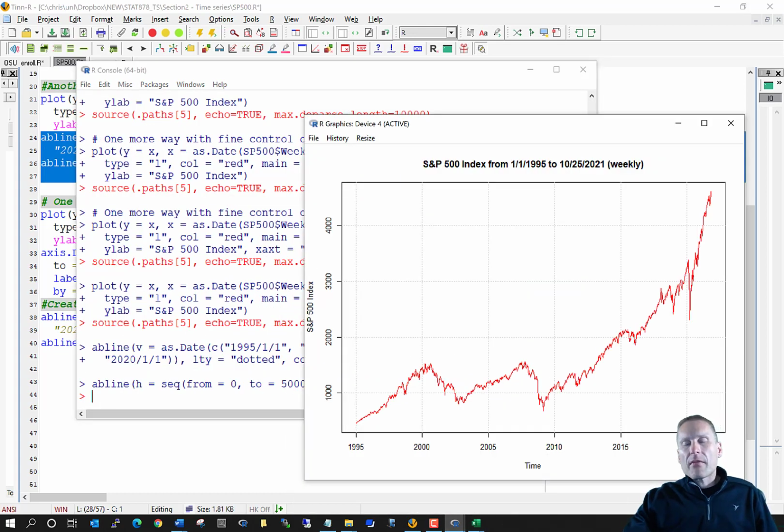And here we go. So now we have a better idea of when these dips in the S&P 500 index actually occurred relative to time and events that were occurring at that particular time point.